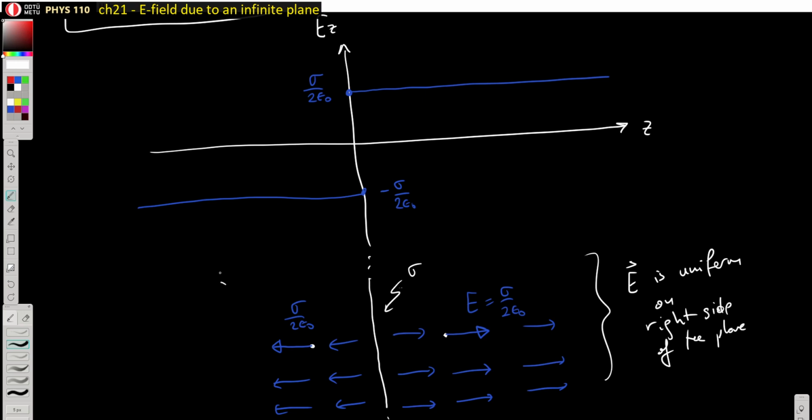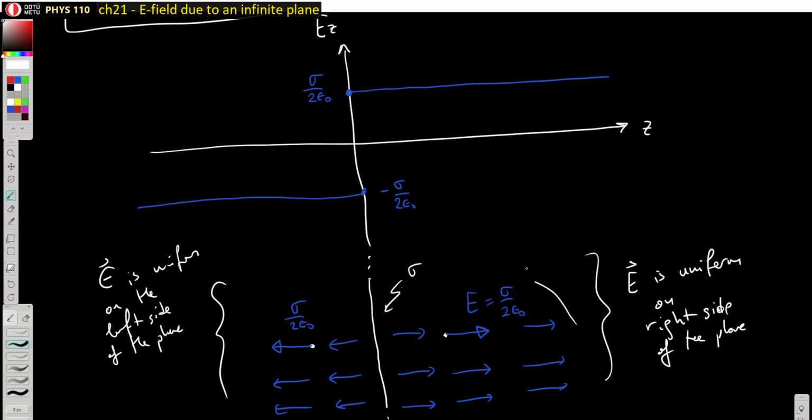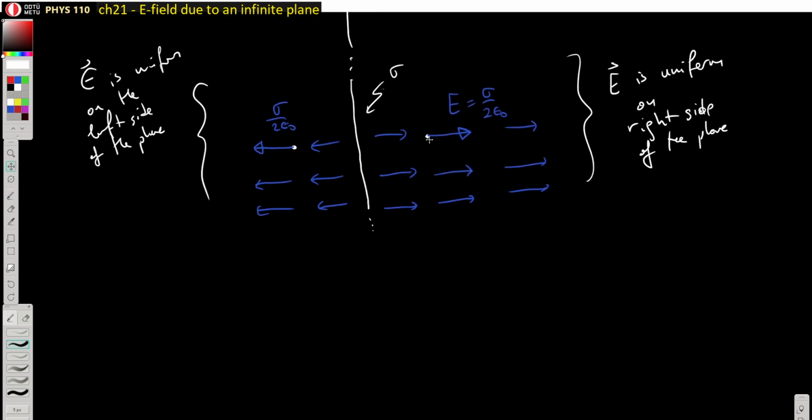In this region too, the electric field is uniform. So E is uniform on the left side of the plane. But if you think about the whole space, the electric field is not uniform because it depends on position, because it changes direction when you cross this surface charge density, cross this plane.